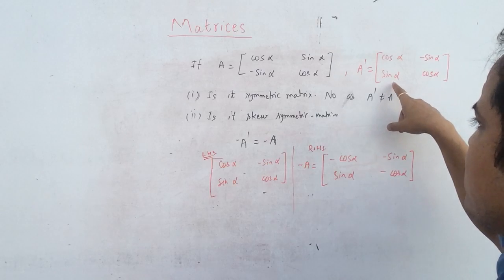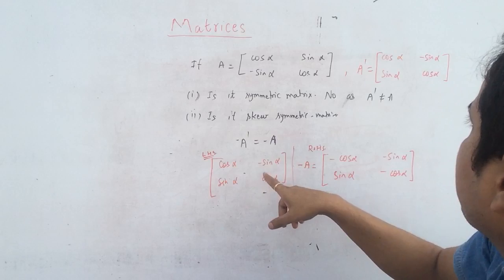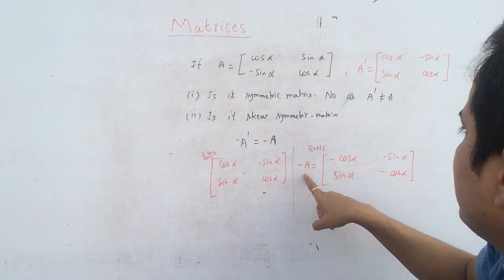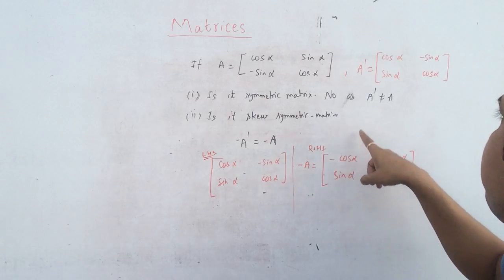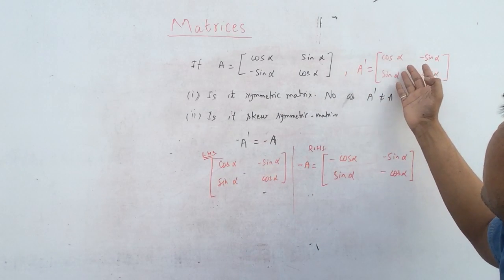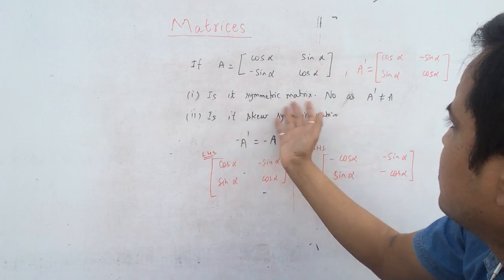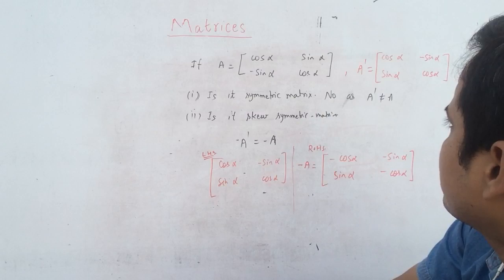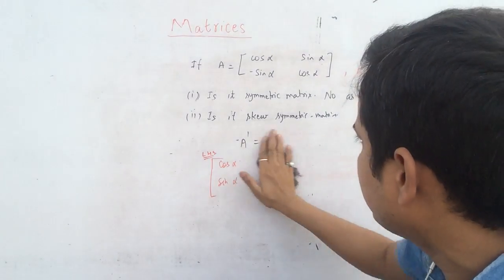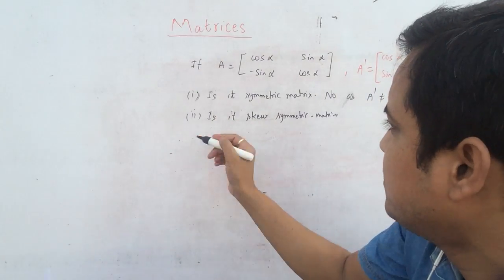When you introduce minus, A transpose is not equal to minus A. So it is neither a symmetric matrix nor a skew symmetric matrix. So what is this then? We need to check if it is an identity matrix.